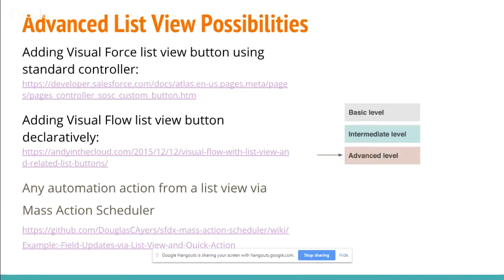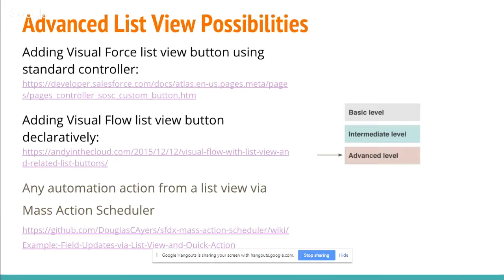You can add a visual flow button to operate on multiple items. And Andy Fawcett has provided a method to do that. It actually builds on the previous item from Salesforce. And this is an exciting new tool that we have for declarative work that's coming from Doug Ayers.